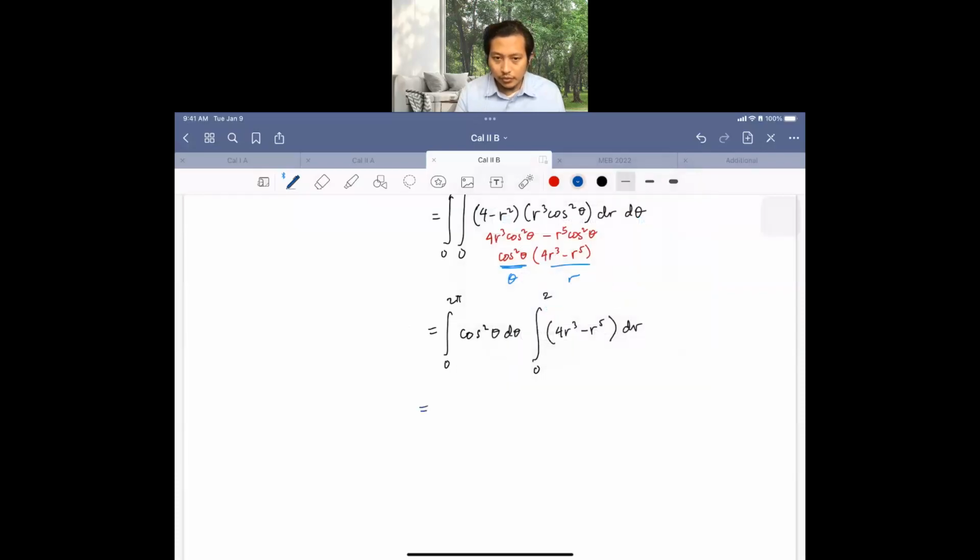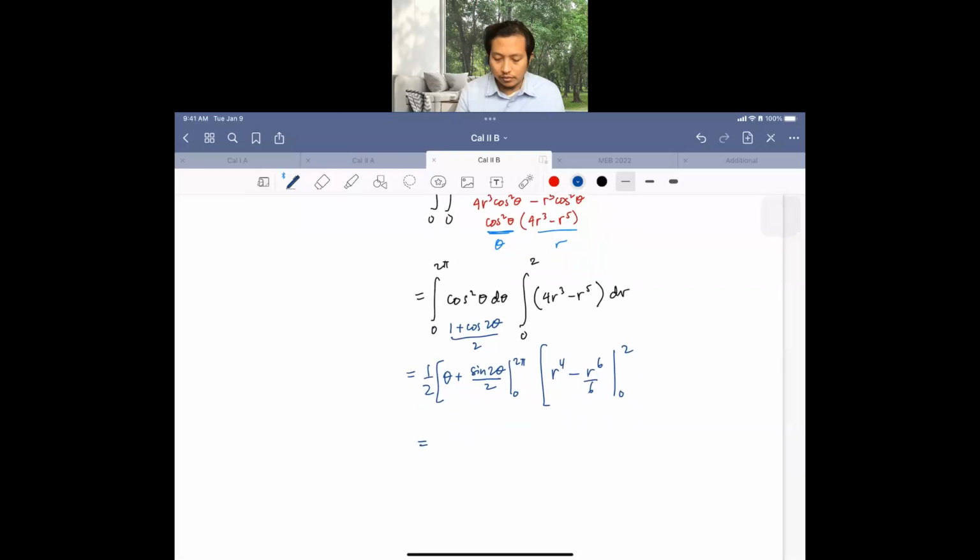So for this cos squared, we could have 1 plus cos 2 theta divided by 2, right? So we could say half, and then this will become theta plus sine 2 theta over 2, from 0 to 2 pi. And the other one will be r to the fourth minus r to the sixth over 6, from 0 to 2.